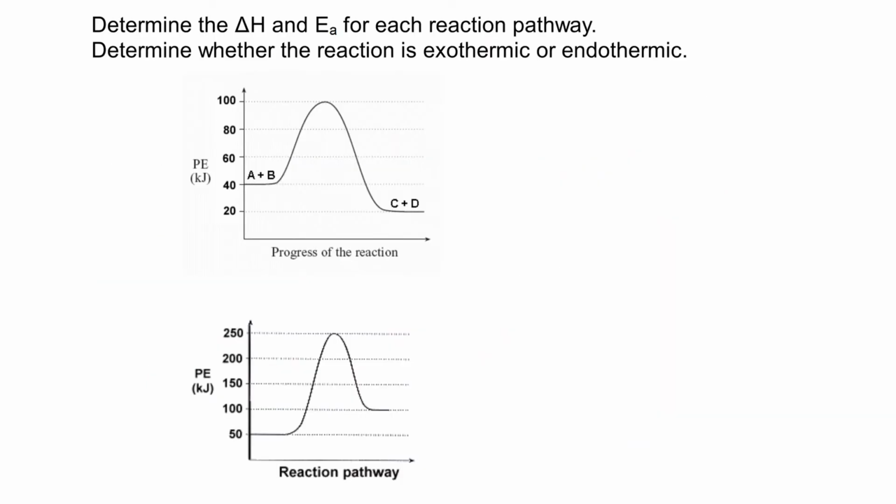All right, so I'm going to get you started on number 1 here. Here we have 2 different reaction pathways, and we need to determine the delta H and the activation energy for both of them, and then we need to determine whether the reaction is exothermic or endothermic. So thinking about our characteristics of a reaction pathway, remember we're always going to start with the reactants on the left-hand side and the products on the right-hand side.